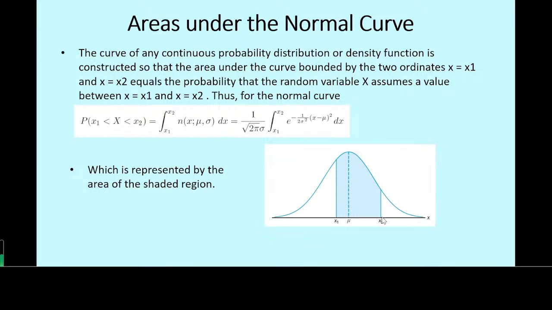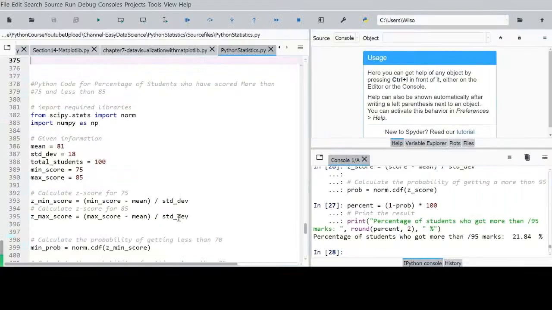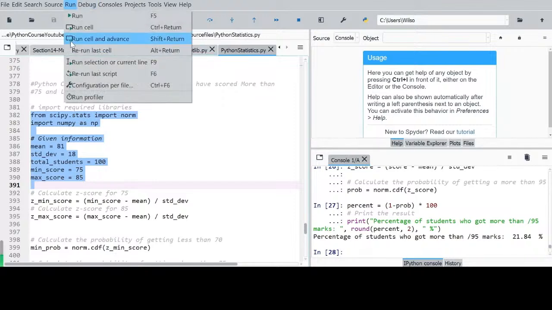We first calculate the cumulative probability from negative infinity to x2. Then we calculate the cumulative probability from negative infinity to x1. Then we use the first result minus the second, and we get the shaded area. So for this question, we first define the two scores, 75 and 85.